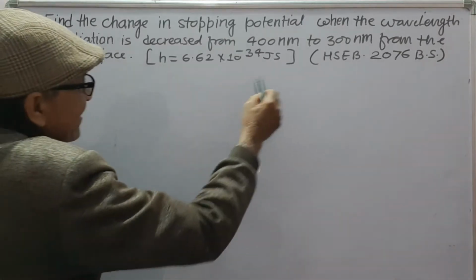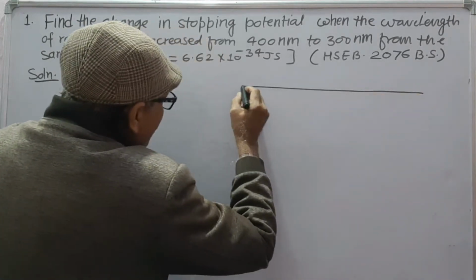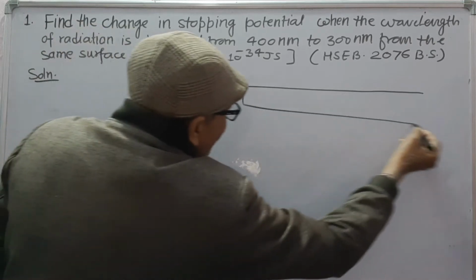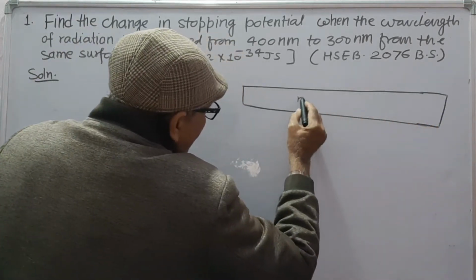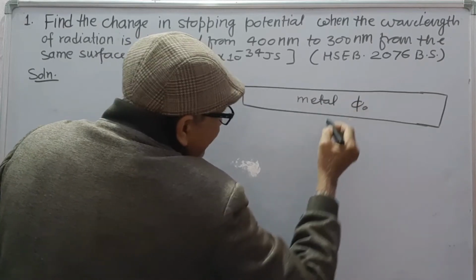Let us understand this question with the help of this diagram. Suppose this is the given metal surface having work function phi naught.